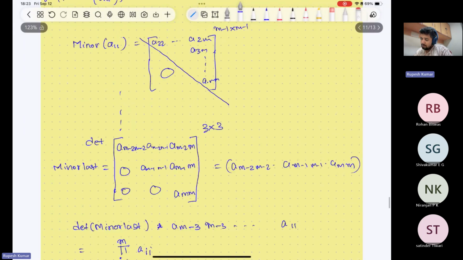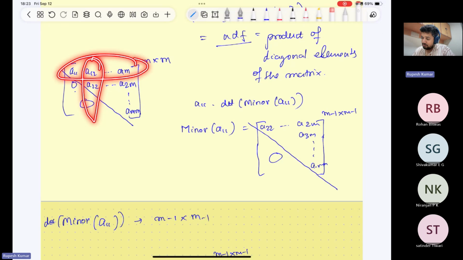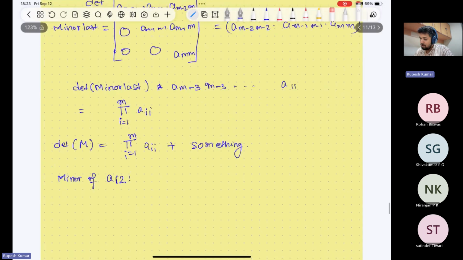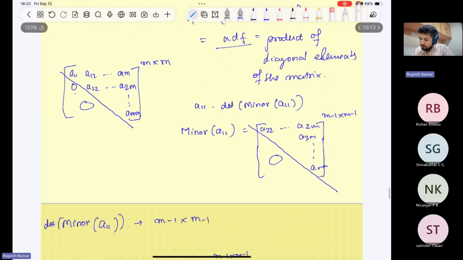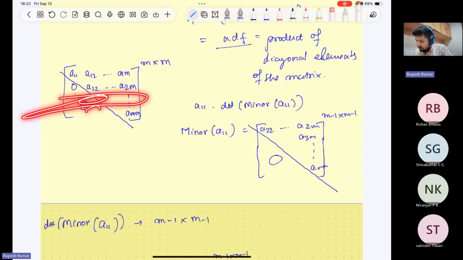Minor of A12, right? It will essentially look like a matrix formed by removing this row and this column. So what you will get is 0, then something, then 0. Then this row minus this, and again this row minus this.